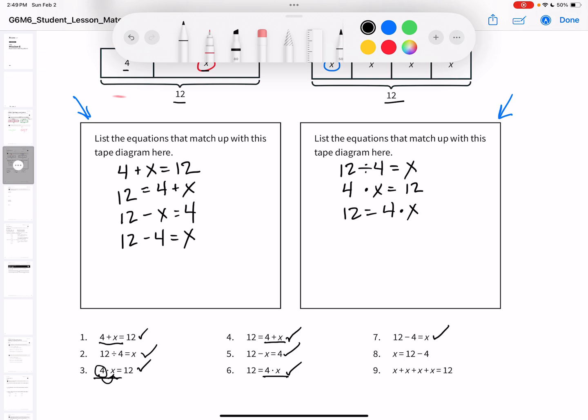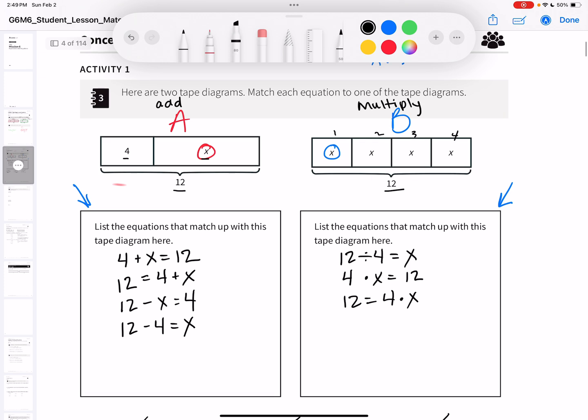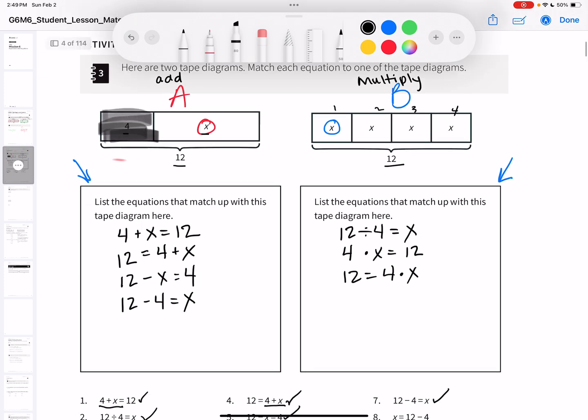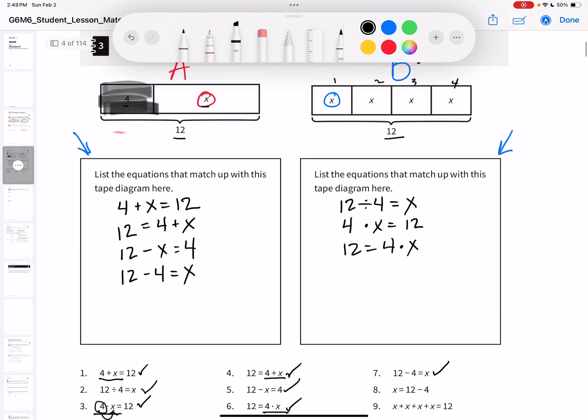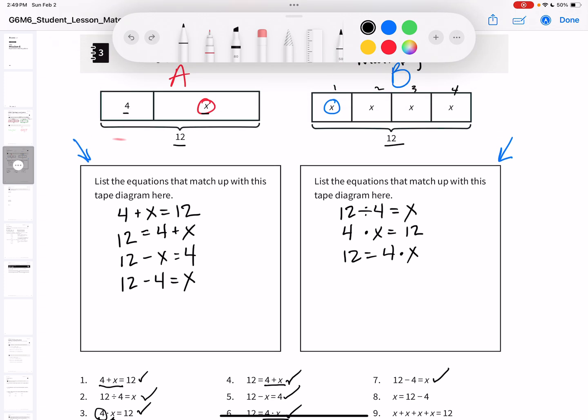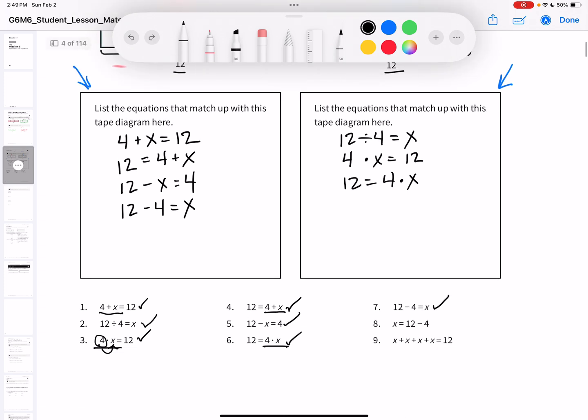Okay. So if I have 12 and I take away 4, does it equal x? Yes, it does. And if you notice, that is exactly what's up here. 12 minus 4 equals x. So x equals 12 minus 4, same thing.